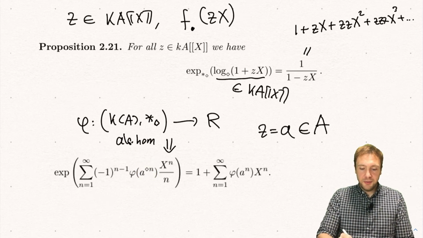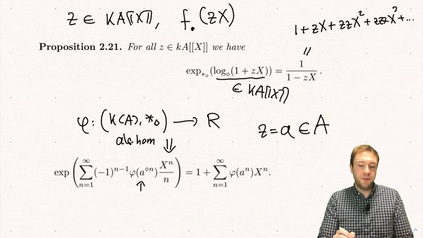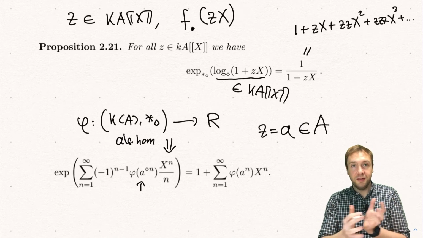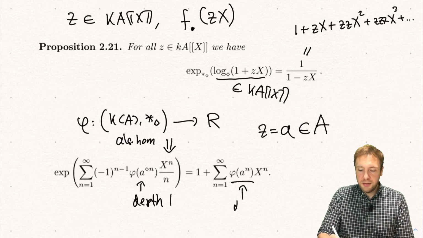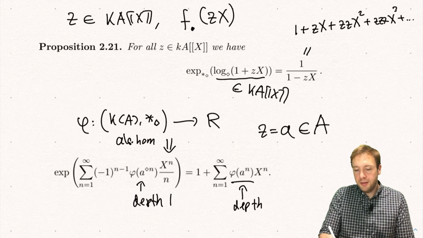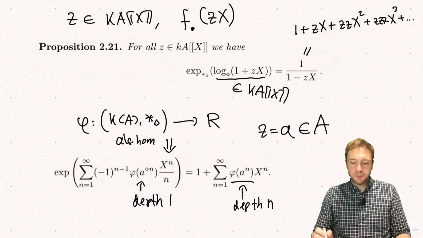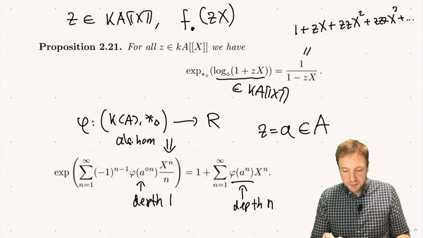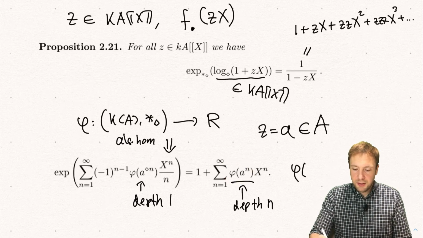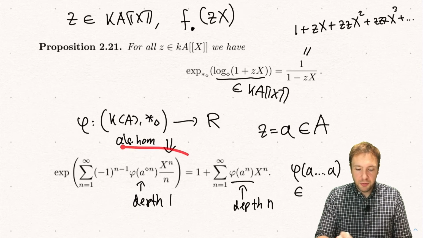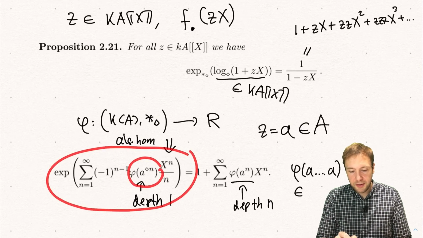So here this is really, if you say the depth of some object is the number of letters, so this is something in depth 1, and this is something in depth n. So in particular, this shows that this element here, phi of a, can be written as a polynomial in these phi of a.